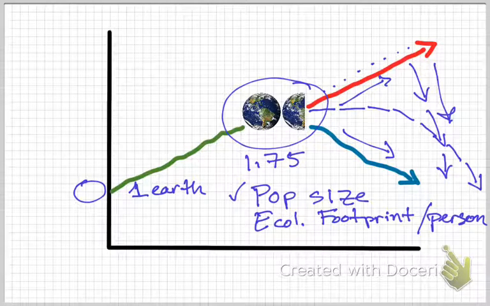But there's also a very significant role for countries that are already in the latter stages to really start to get their ecological footprint under control, decrease it, and then use that knowledge base, use that technology, and export it to these developing countries so that as they move through the transition, they can achieve that same high quality of life without a massive increase in their ecological footprint per person on top of their population growth.